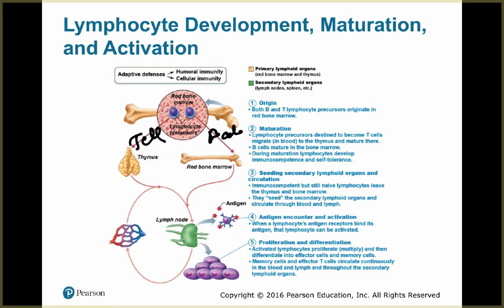Now, the seeding of the secondary lymphoid organs and circulation. Once this happens, the immunocompetent but still naive lymphocytes leave the thymus and the bone marrow, and they seed the secondary lymphoid organs, circulating through the blood and the lymph nodes, or the lymph, right?